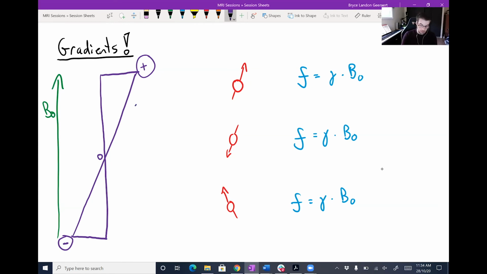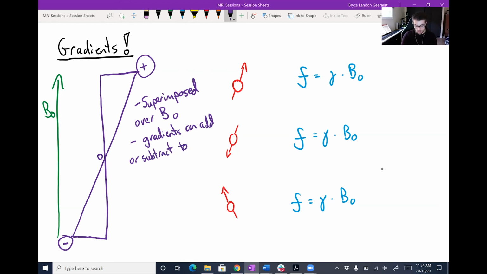Now, just a couple of notes here that I want to write down. This field is superimposed over B0. Gradients can add or subtract, to modify field strength, I guess.